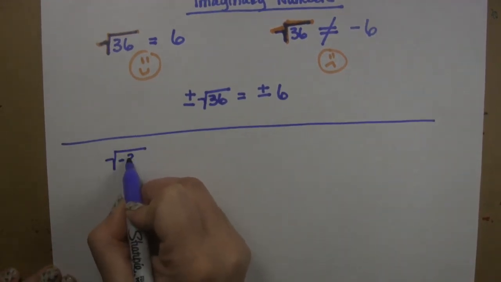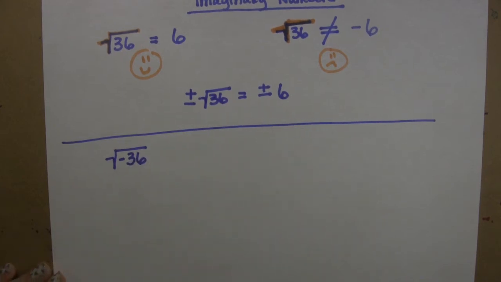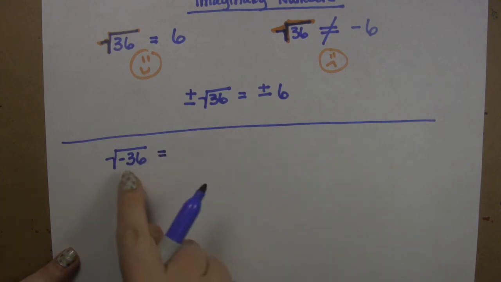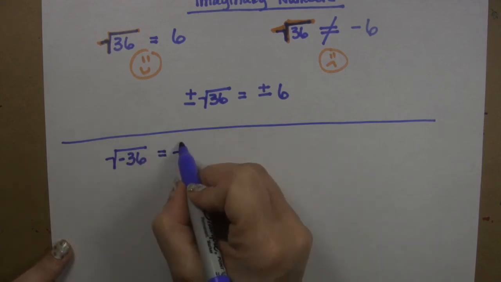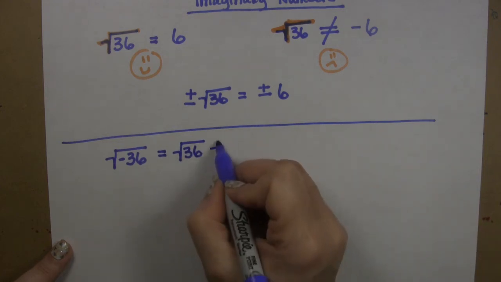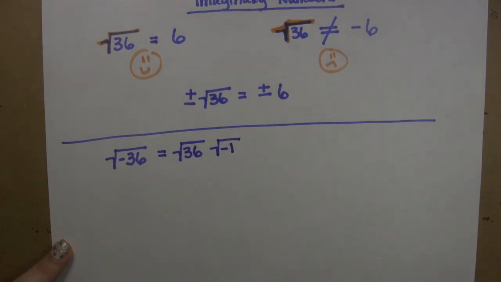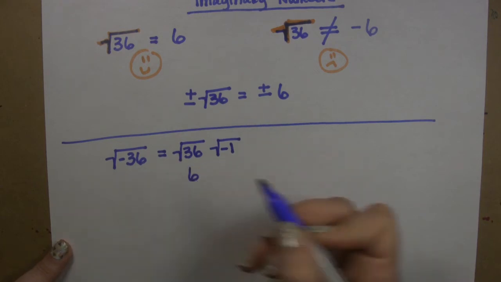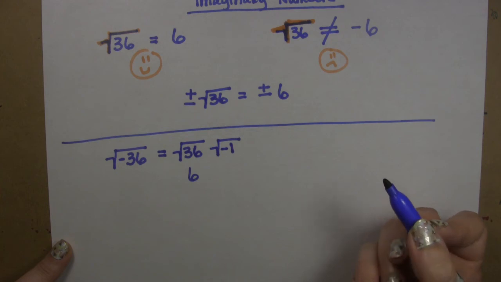However, you can do some funky things with negative numbers. For instance, we could take the square root of -36. And the way that we do that is we split that up into the square root of 36 times the square root of -1. The square root of 36, as we've already discussed, is 6.